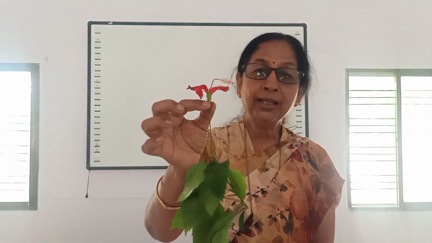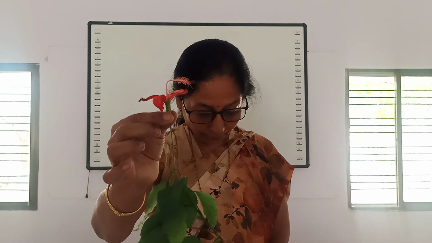In some cases there may be presence of only calyx, corolla and androecium. In some cases there may be presence of only calyx, corolla and gynoecium. That flower is not complete, it is an incomplete flower. But in this case it consists of calyx, corolla and androecium. Then after that it is consisting of both the sex organs, so it is called a bisexual flower.